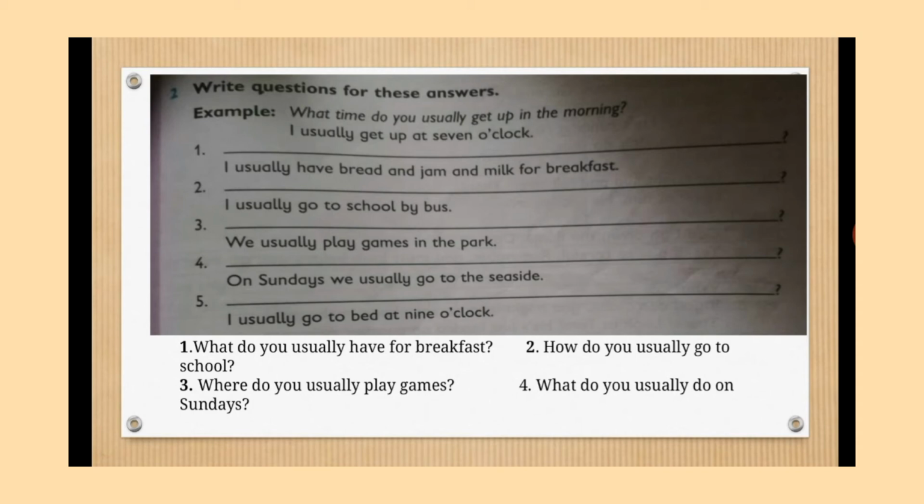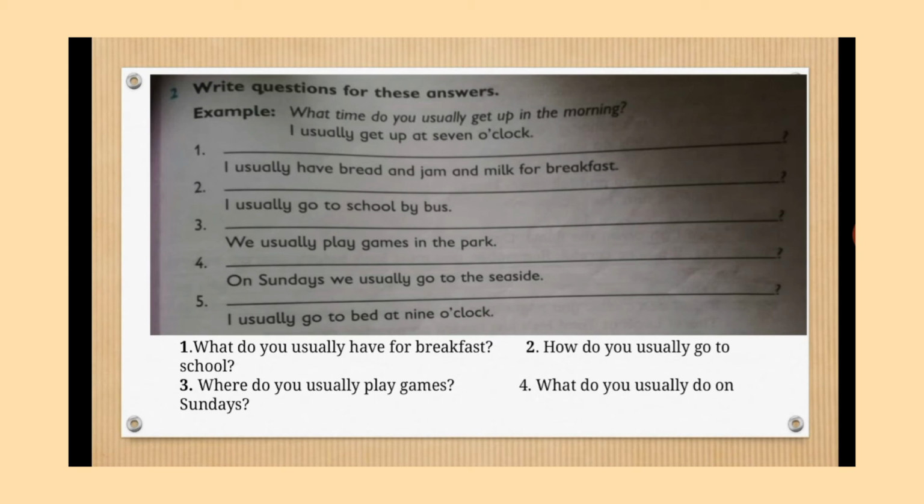The next question is write questions for these answers. Okay, students, first example is given here. You are given statements and you have to make the questions. Like the first one, I usually get up at 7 o'clock. This is the statement, and when you are going to make the question, it would be as, what time do you usually get up in the morning?